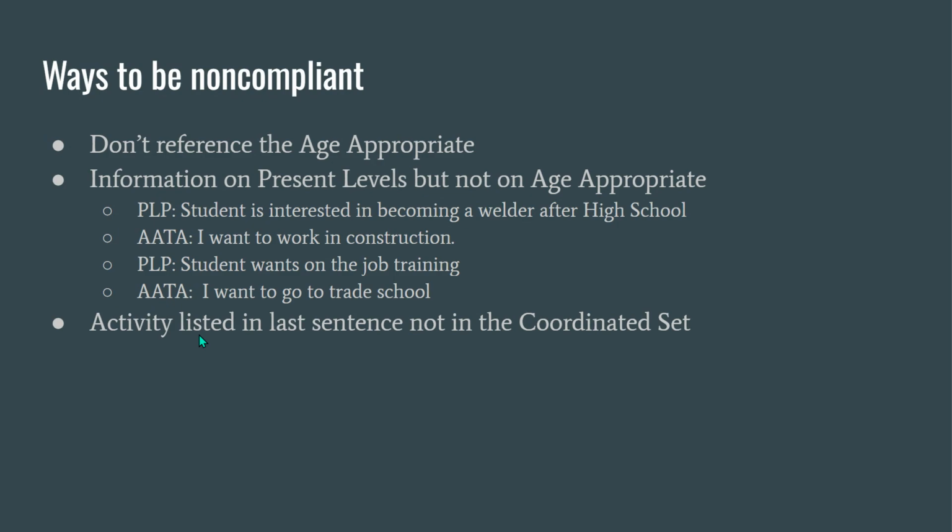Now, if the activity listed in the last sentence is not in the coordinated set, that is also considered non-compliant. I'm going to show you an example of where you need to get that last sentence from in just a second. But if we're going back to the template sentence, it needs to come from the coordinated set.